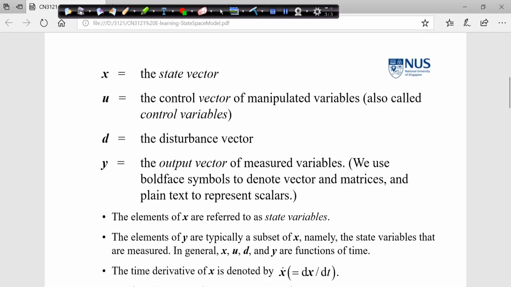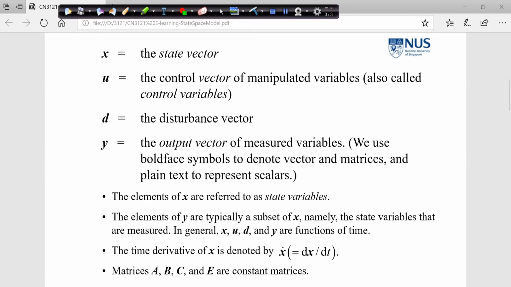In the second equation, y is the output vector of measured variables. We use boldface symbols here to denote all the vectors and matrices, and plain text to represent scalars.